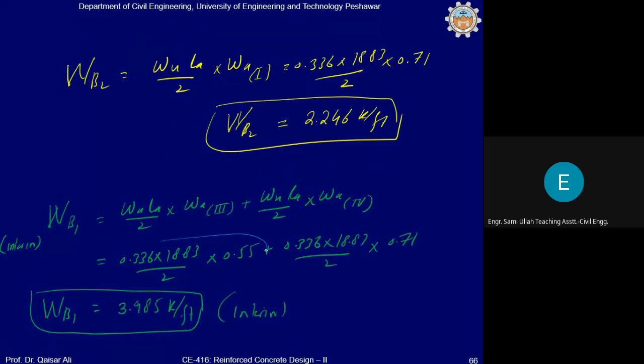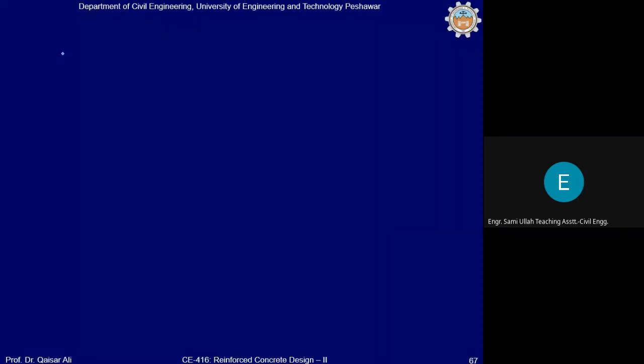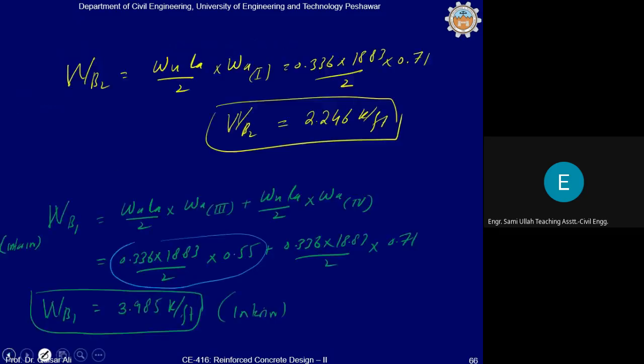So WB2 of interior panel is equal to WU into LA by 2 multiplied by WA of panel 3, which we have already calculated here.